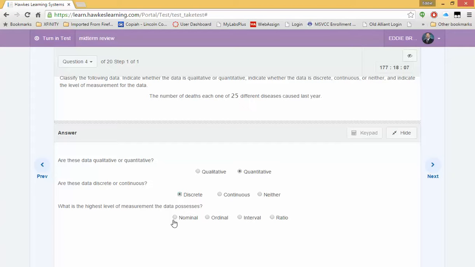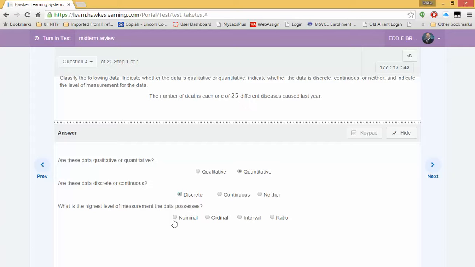But there is no natural zero starting point. This does have a natural zero starting point. If a disease has 0 deaths, then it can't have -1 deaths. Like with temperature, you can have negative values, so it's interval.